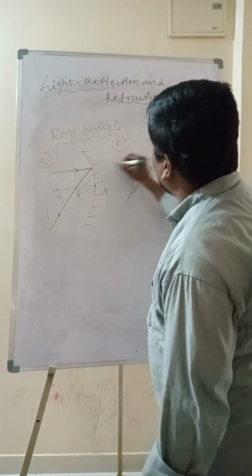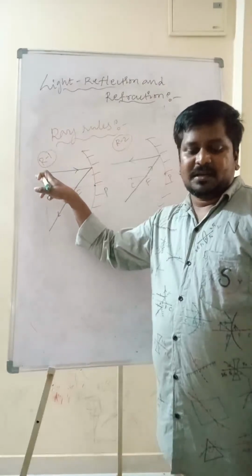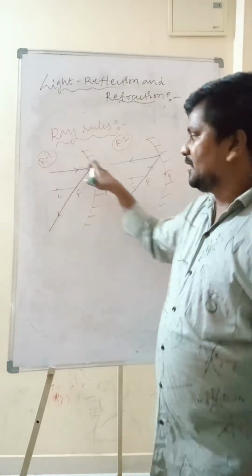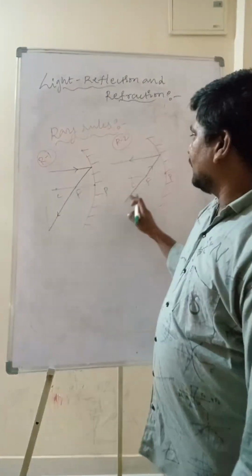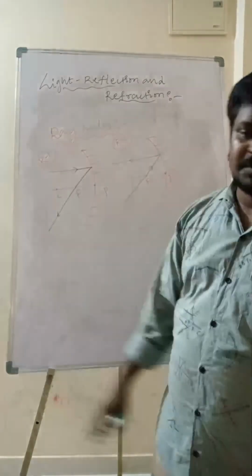After reflection, it passes towards infinity. So ray 1, light coming from infinity, after reflection passes through the focus. Second ray, a light ray passing through the focus, after reflection passes towards infinity.